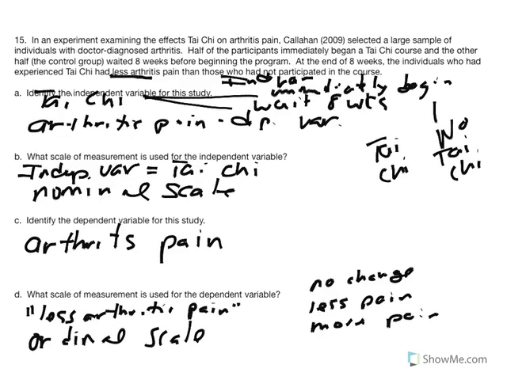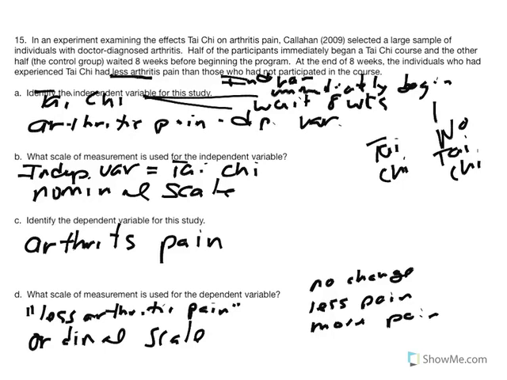Had they said those who experienced Tai Chi had 3 fewer episodes of arthritis pain than those who did not attend the Tai Chi class, in that case, we're using a numeric value to express the dependent variable, and we're making these ratio comparisons.